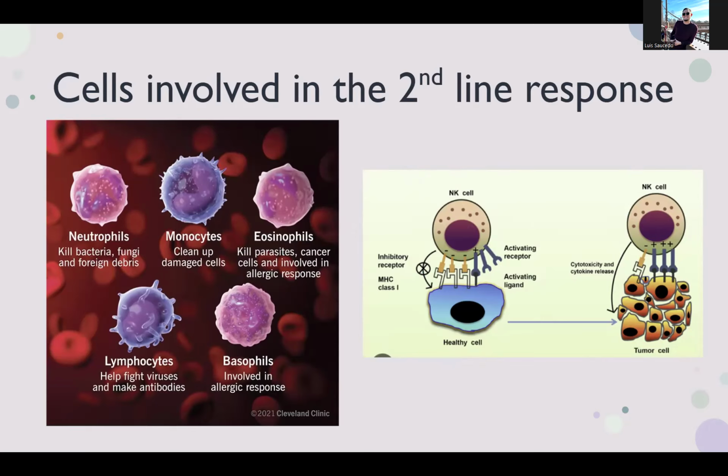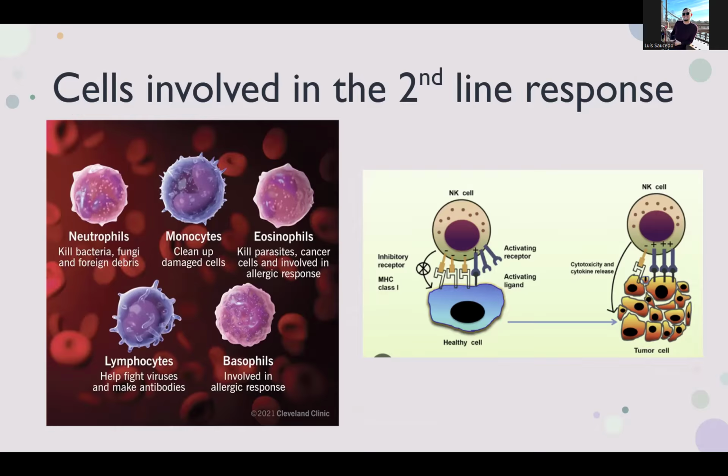I'll cover what each of these does on the side, but essentially these white blood cells will try to kill microbes the same way. So what I mean by that is neutrophils.